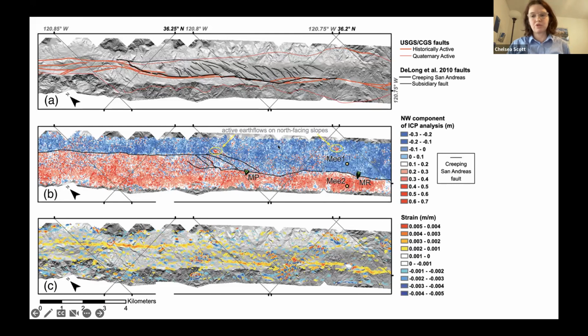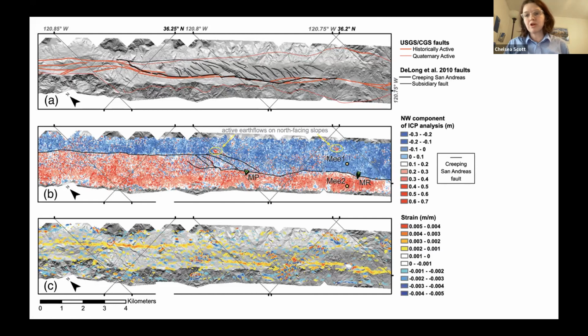So here are those topographic differencing results. And like we saw before, we see this really sharp discontinuity across the fault, and that reflects the change in displacement along the creeping fault. But importantly, the topographic differencing shows that the deformation is active here. This is where the fault makes that step over. And that's several kilometers away along strike from the fault that is most prominent in the geomorphology.